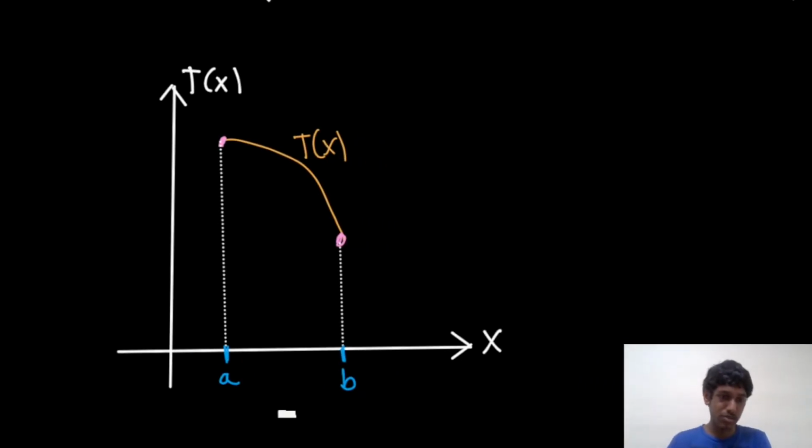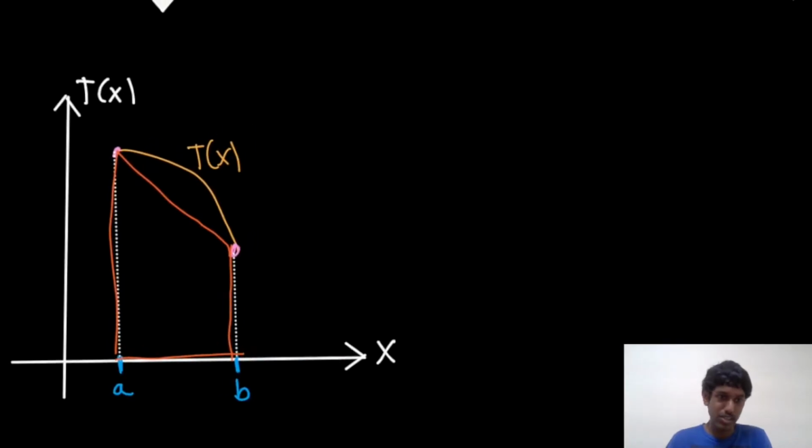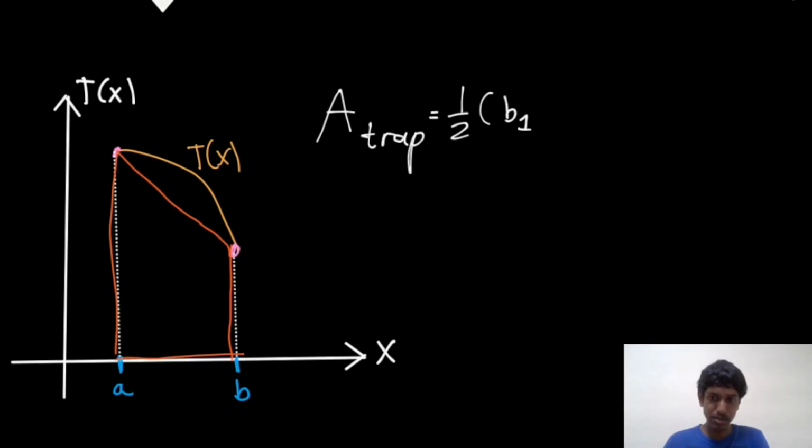So our trapezoidal piece would look like this. And now what's the area of this piece? Well, it's the area of a trapezoid, right? So we know what the area of a trapezoid is. You can recall that's going to be 1/2 times the sum of the bases, which are b1 and b2, times the perpendicular height of the trapezoid.